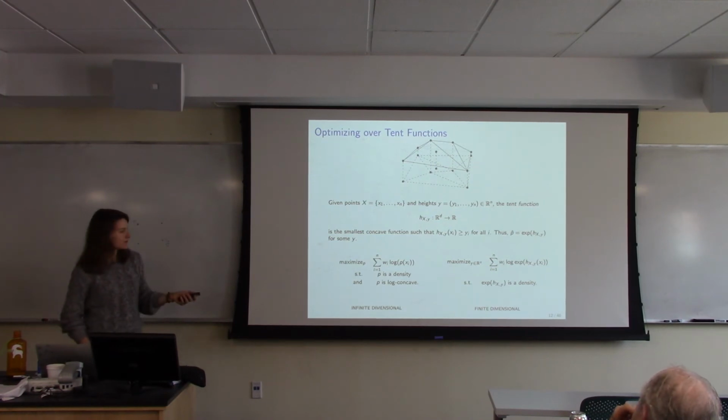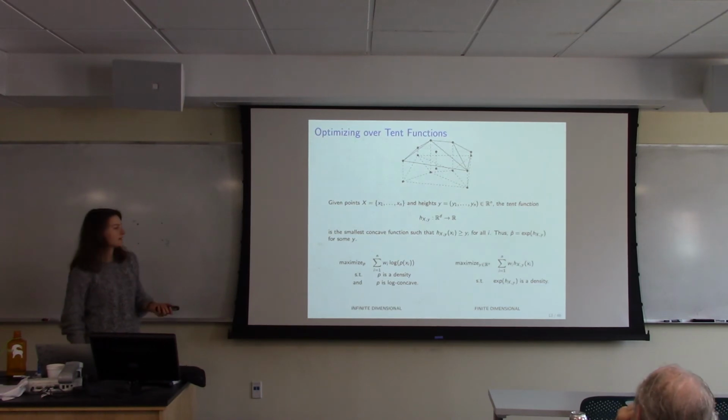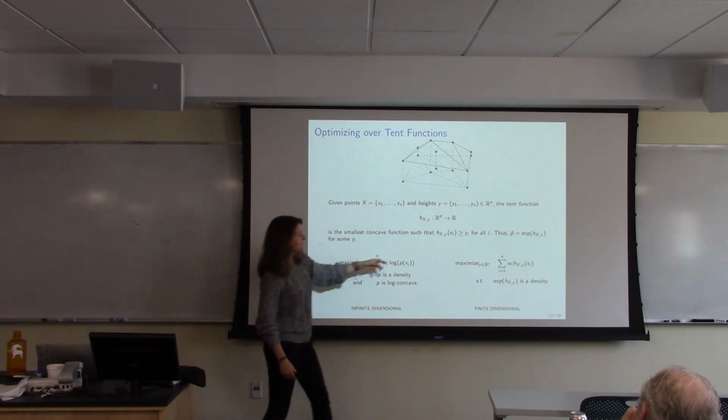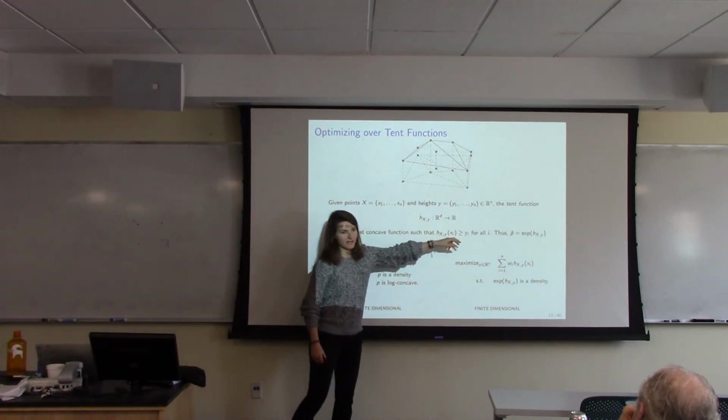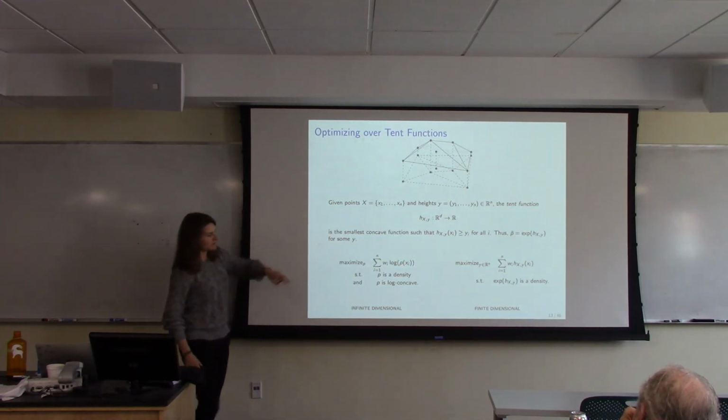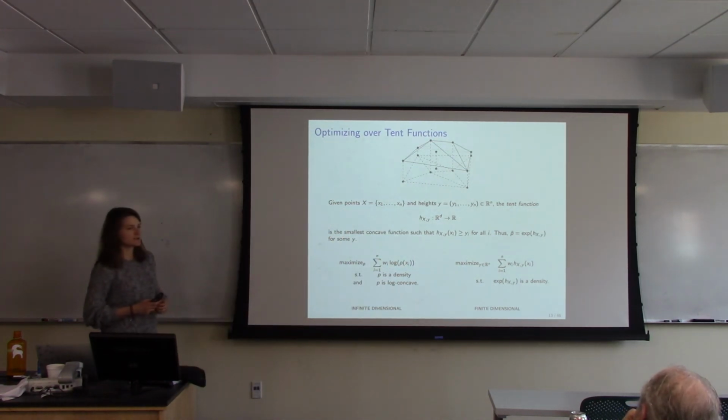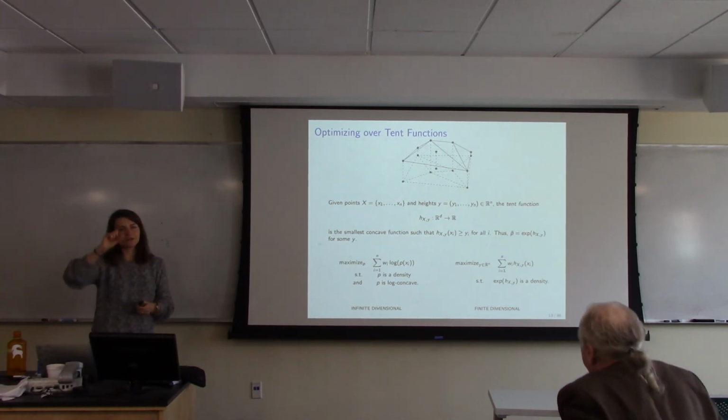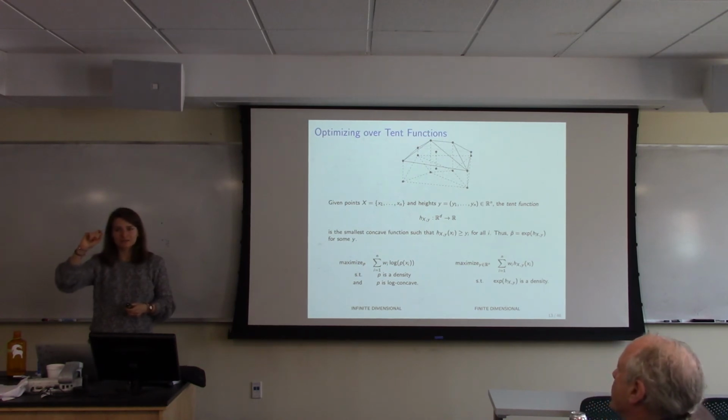Now we can cancel the log and the exp, and we get the sum over i of w_i h_{x,y}(x_i). But remember that h_{x,y} at x_i is bigger than or equal to y_i, and we can just substitute that with y_i, because you can just assume that all heights are touching the tent.